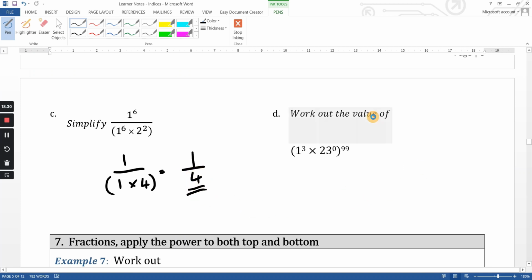And part D, work out the value of this. Well, that's going to be 1 times anything to the power 0 is 1, and I've got power 99 on the end. It's just 1 to the power 99, which is just 1. Yep, just do it step by step, and you should end up with 1 eventually.